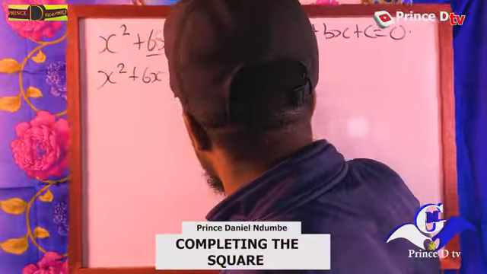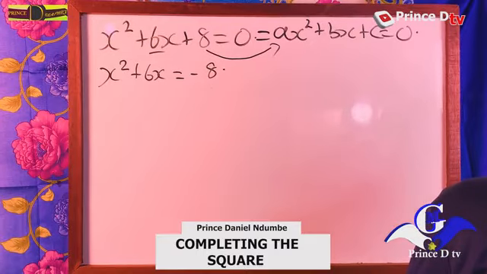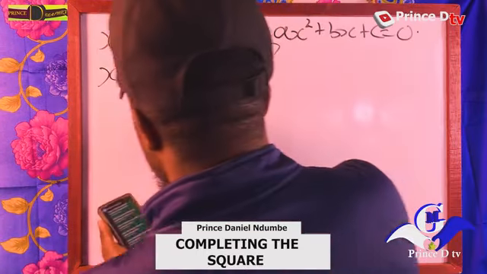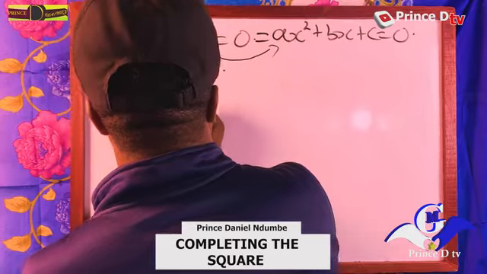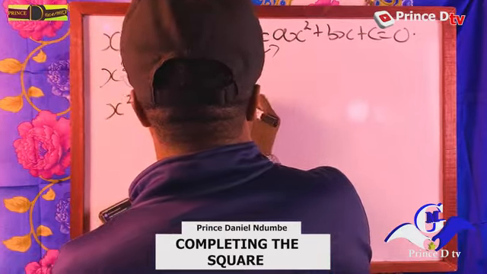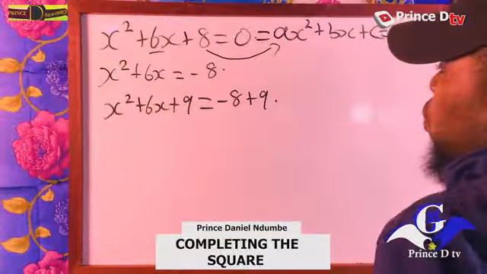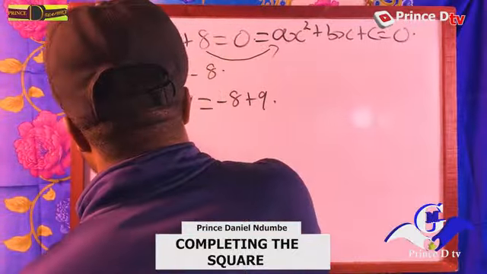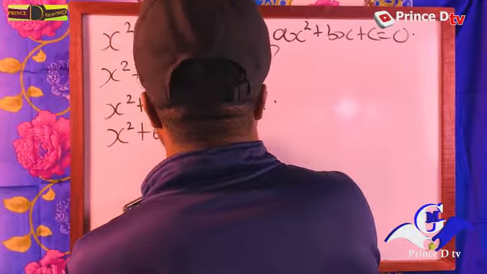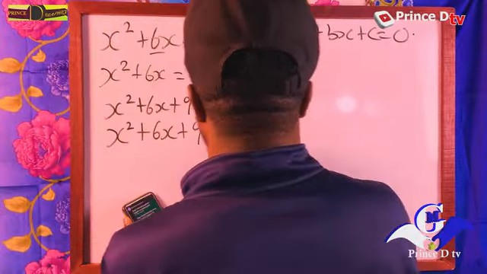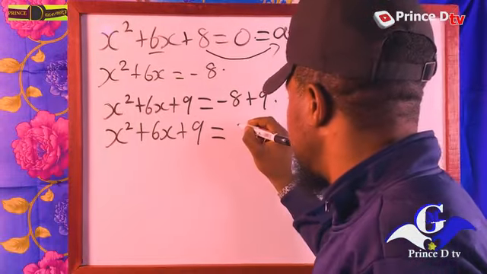So adding 9 to both sides of the equation, we now have x squared plus 6x plus 9 is equal to minus 8 plus 9, which is 9 minus 8, and that's 1.